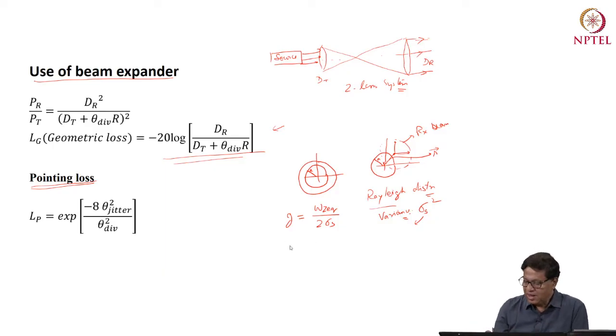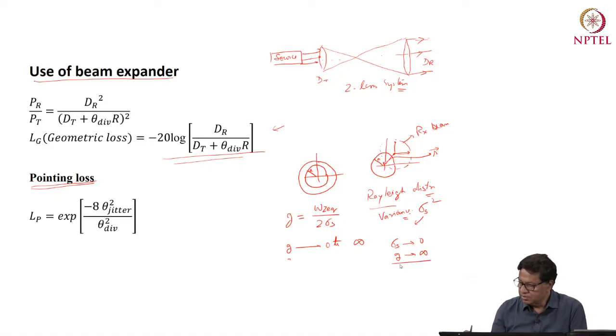So this G can have value from 0 to infinity. If your sigma s, there is no variance, is 0, then G is infinity, that means there is no pointing loss. G is infinity for this case. But that is not the case. So G has some finite value, can go up to 5, 6, 7, 8 or whatever, which tells you the amount of pointing loss you have in the system.